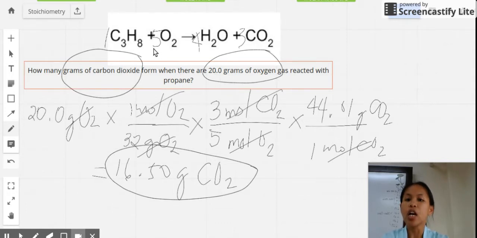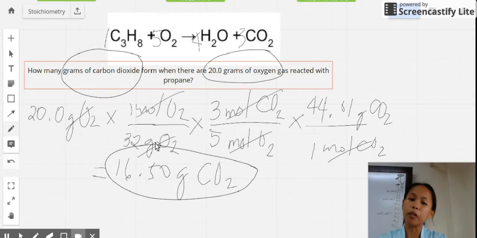The 5 coefficient is for the mole ratio, not for the molar mass. But always do include the subscript in the calculation of your molar mass. So again, the molar mass of O2 is 32 grams below, so you can cancel out the grams O2 given, and then 1 mole on top so that you get moles of O2.